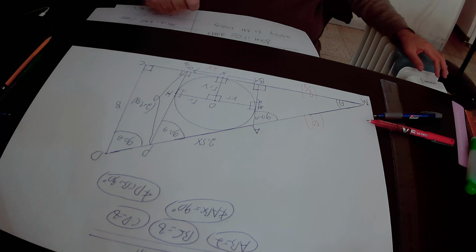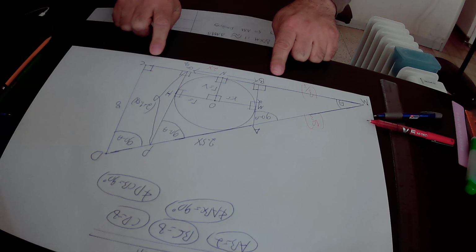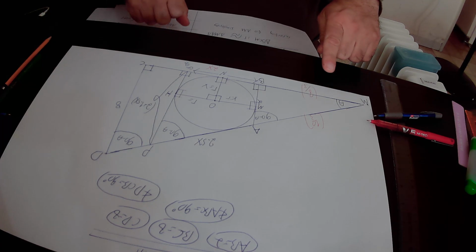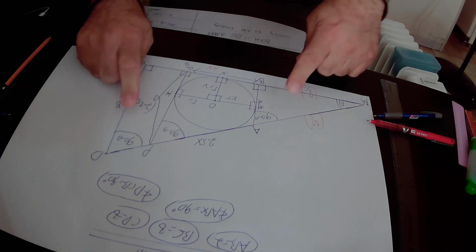Why are those two right triangles similar to each other? First of all, those two angles are both equal to 90 degrees, therefore they are equal to each other. In addition, this angle theta is a common angle that belongs to both triangles, therefore angle theta equals itself. And finally, those two angles are both equal to 90 degrees minus theta, therefore they are equal to each other.